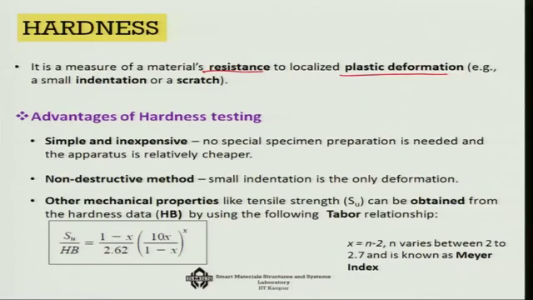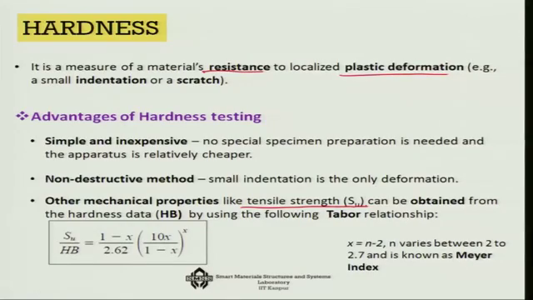And finally, from the hardness test you will not only get the hardness, but you can also get some important information like the tensile strength. This is a very important thing that can be obtained from the hardness data.